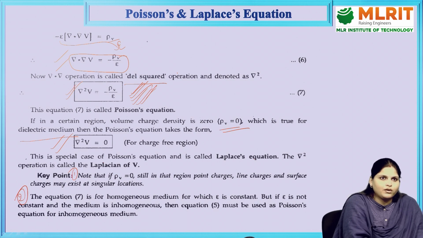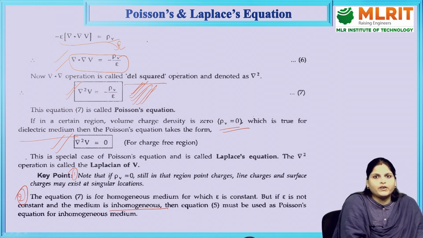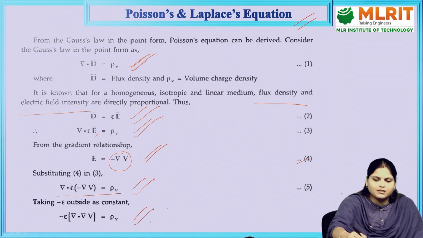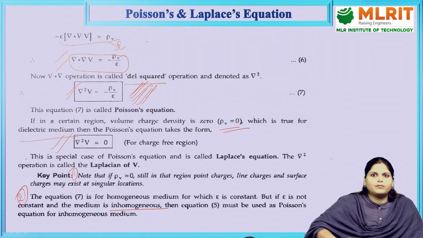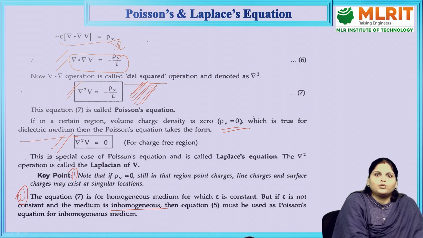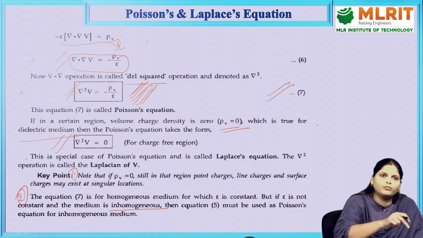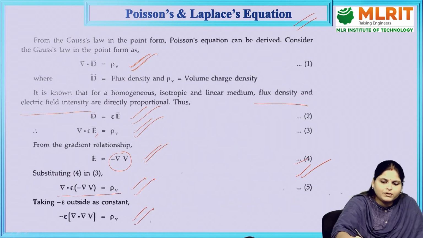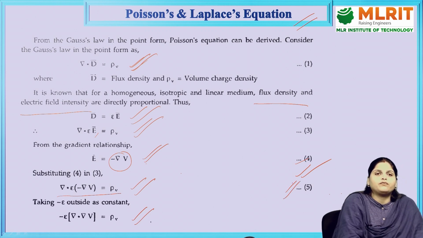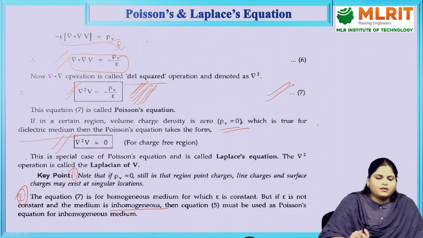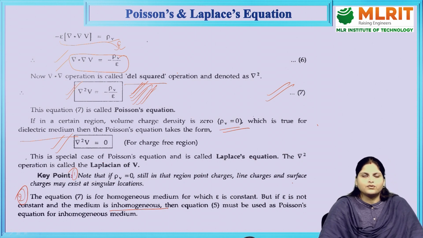But if epsilon is not constant and the medium is inhomogeneous, then equation number 5 should be the Poisson's equation for an inhomogeneous medium. So equation number 7 is the Poisson's equation for a homogeneous medium, and equation number 5 is the Poisson's equation for a non-homogeneous medium.